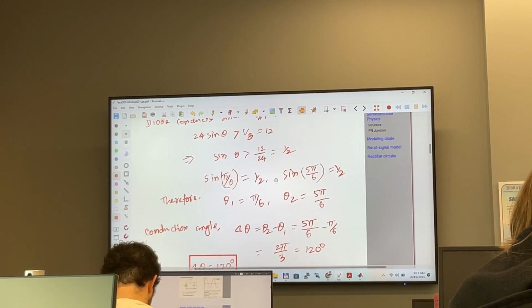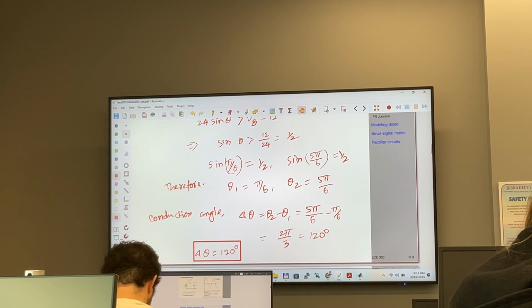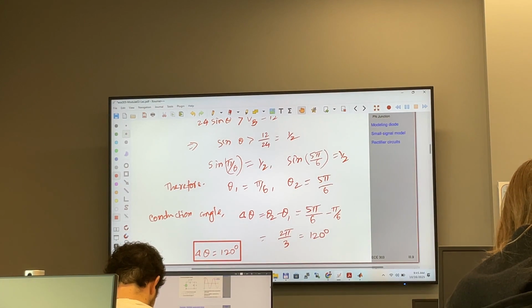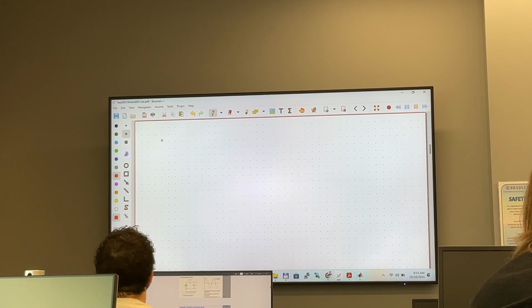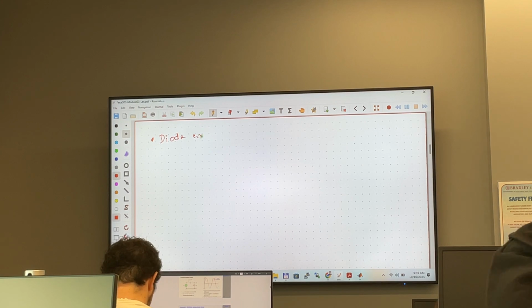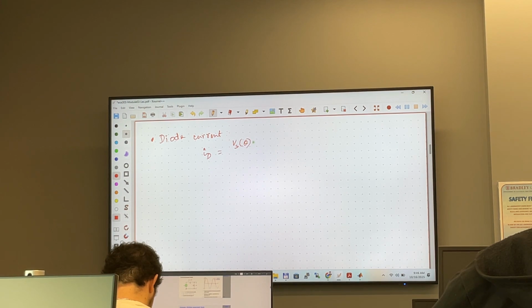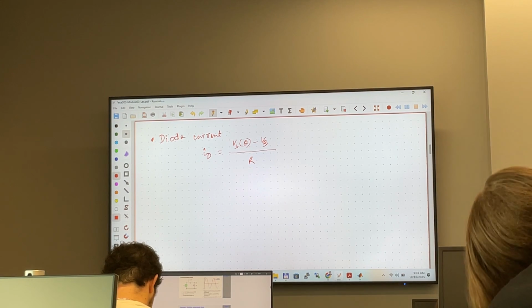So the diode current ID is going to be V sub S theta minus V sub B over R, and that is the general expression.